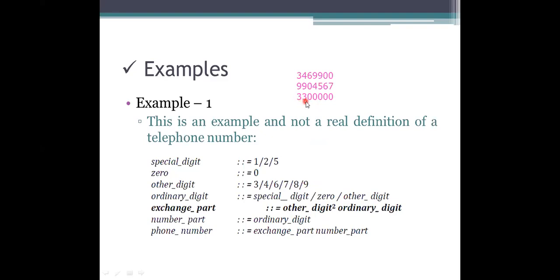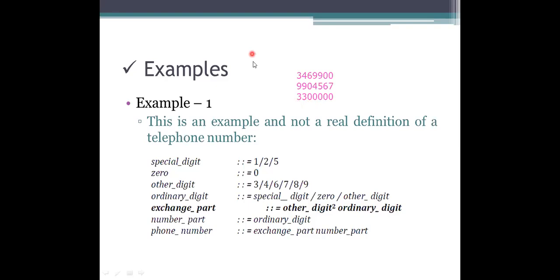And coming to the next one, we have the ordinary digit. Here the ordinary digit can be a special digit, it can be a 0 or it can be an other digit. It means from 0 to 9, any digit will be accepted here up to now.